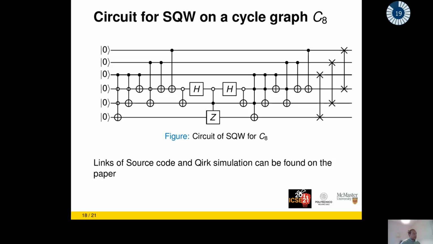Now we can see the final circuit. Here we can identify the first 3 qubits as register R1 and the last 3 qubits as register R2. Then we have the reflection operator, and at the end we have our swap operator.